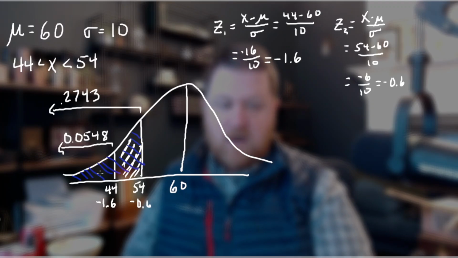We know this area here, just down in the tail, is 0.0548. So I'm going to get rid of this area that we don't care about, and that's going to leave us the area in white.